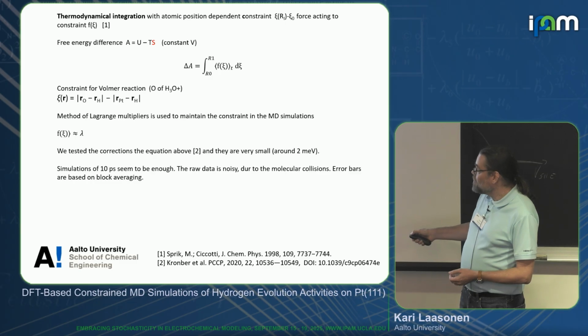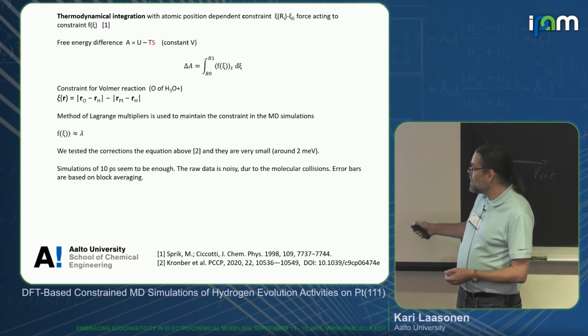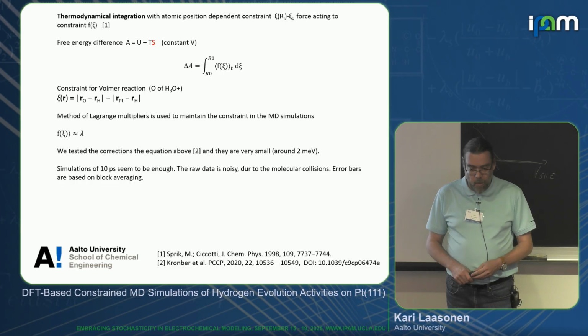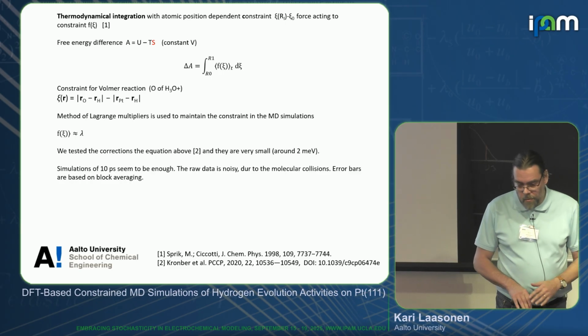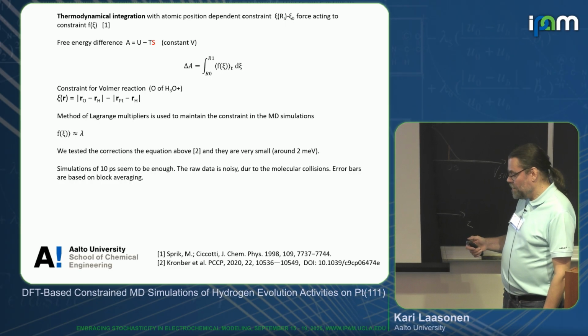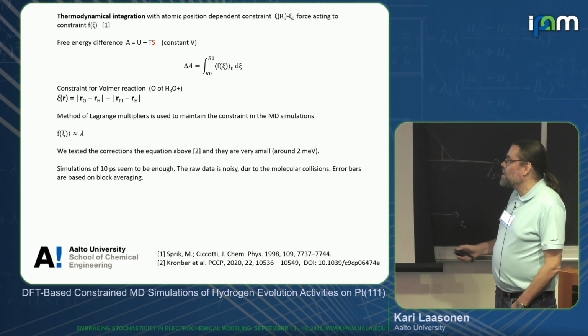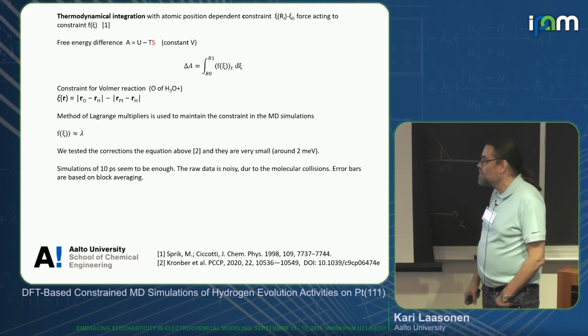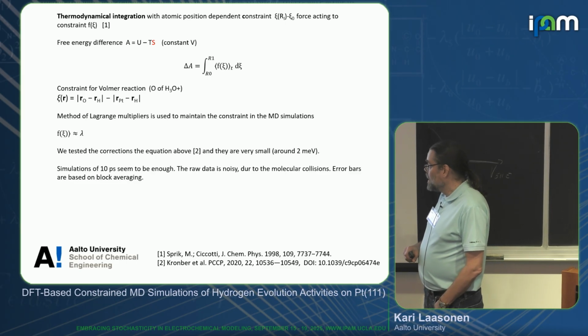There are some small corrections to that one. We tested that in another paper. These are something like 0.2, some milli-electron volts, which is much, much more than our noise or fluctuations. So we are very happy to use this simple relation.